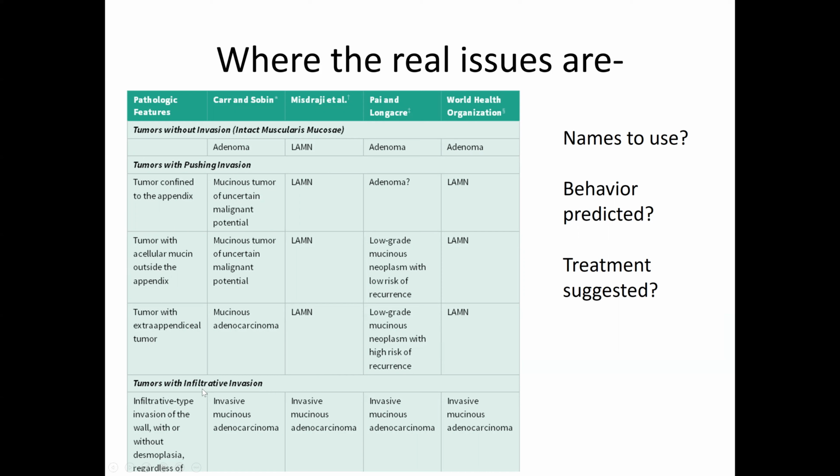And then there are those that have infiltrative invasion, where the more conventional term adenocarcinoma is used. Now, in fact, I think in terms of staging and cancer registries and so forth, these lesions are considered malignancies in most settings.